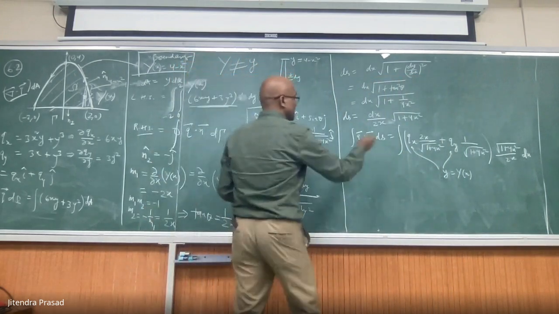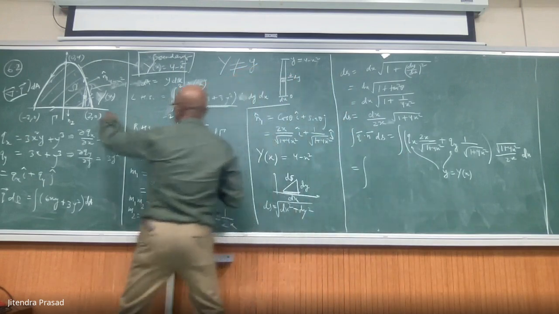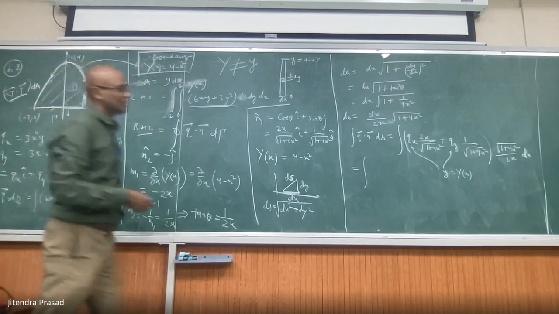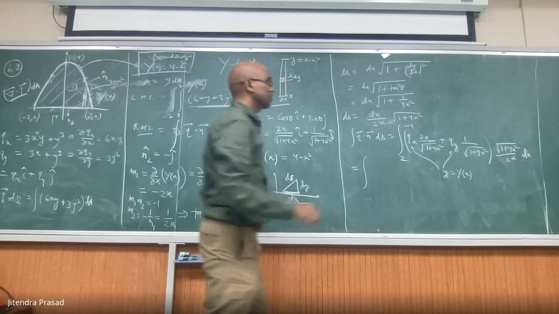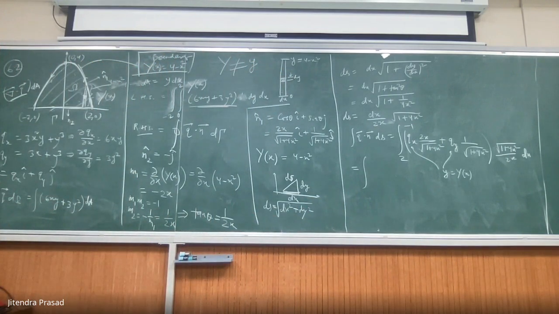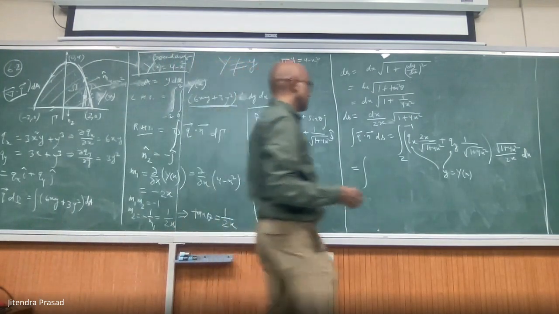So basically equal to, and this goes from where to where? We get x equal to 2 to minus 2. Yeah, so we have to write 2 to minus 2. Any question else? Okay, 2 to minus 2.